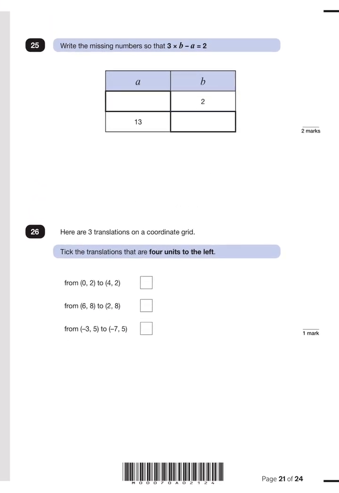Number 25. Write the missing numbers. So that's 3 times b minus a equals 2. I'm going to write it like this. 3b minus a equals 2. Okay. So if b was 2, then we're doing 3 times 2 minus a equals 2. 3 times 2 is 6.